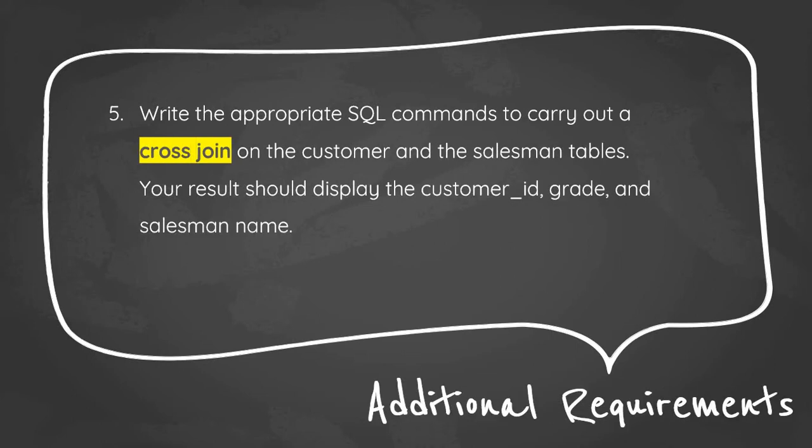For additional requirements, we'll be doing a cross join, otherwise known as a Cartesian join. We're going to write the appropriate SQL commands to carry out a cross join on the customer and salesman tables. Your result should display the customer ID, grade, as well as the salesman name.